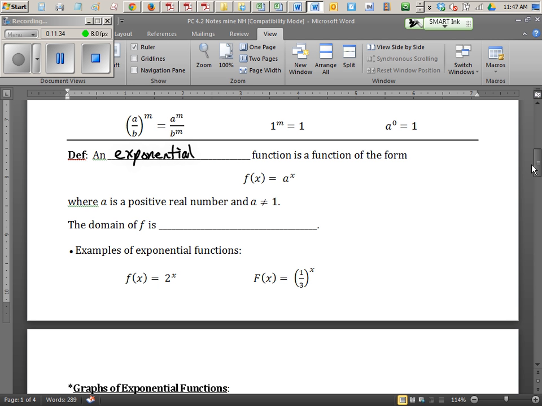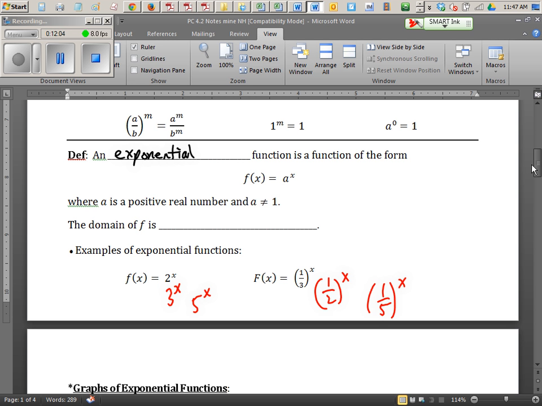For example, 2 to the x, 3 to the x, 5 to the x, those are exponential functions, okay? You give me x, I'll tell you a y value. You say 3, I'll do 5 to the third, or whatever. You can also have fractional bases, like 1/3 to the x, or 1/2 to the x, or 1/5 to the x.